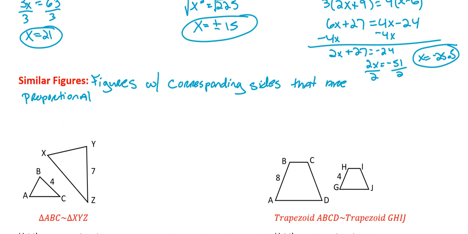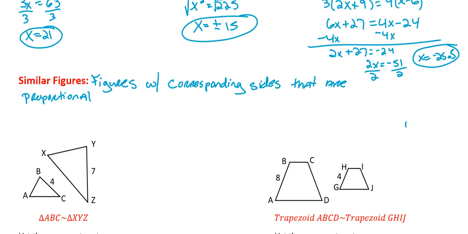They do not have to be congruent. When it comes to congruent figures, we're looking for all of the corresponding sides to be congruent. They have to have the same exact measure. When it comes to similarity, they just have to be proportional. So they have to have that same ratio.